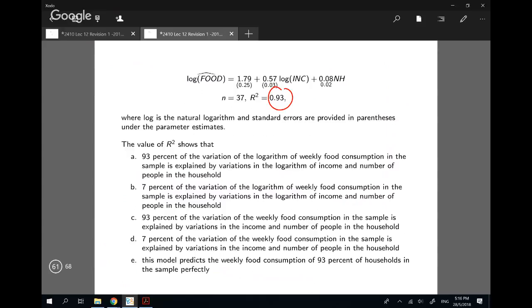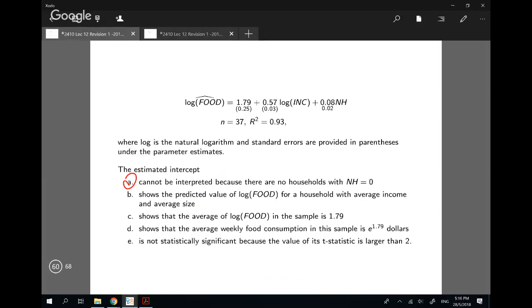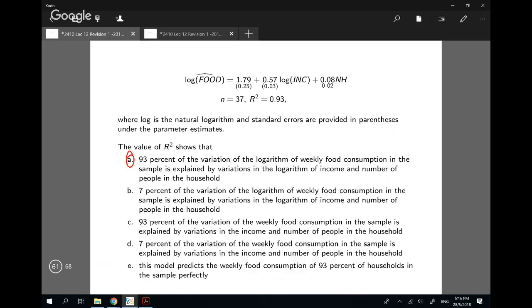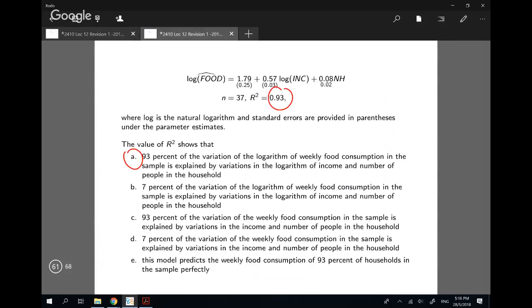Agree? A? Seems okay. The key thing that can confuse you there is the logarithm, because it's a log model, so it should be logarithm. So this one is wrong.